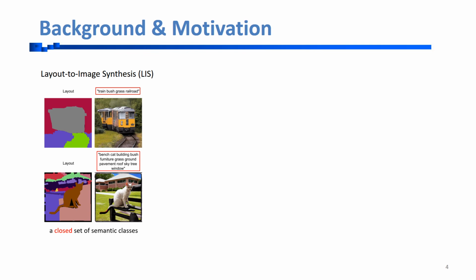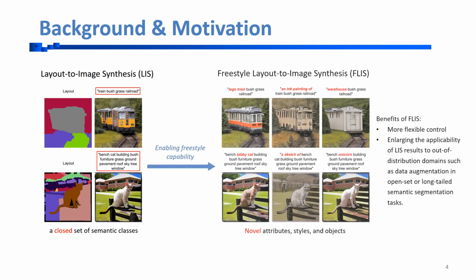To enable this freestyle capability, we introduce a new task called Freestyle Layout-to-Image Synthesis. As shown here, novel attributes, styles, and objects can be faithfully generated onto the given layout in the context of FLIS. This new task brings us two benefits.